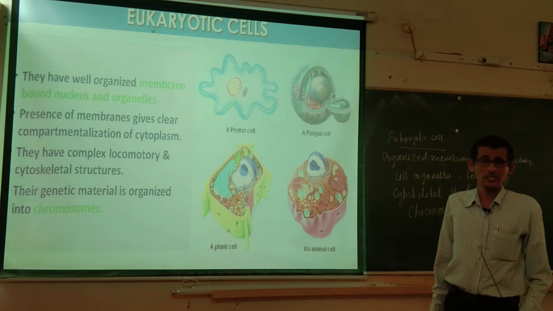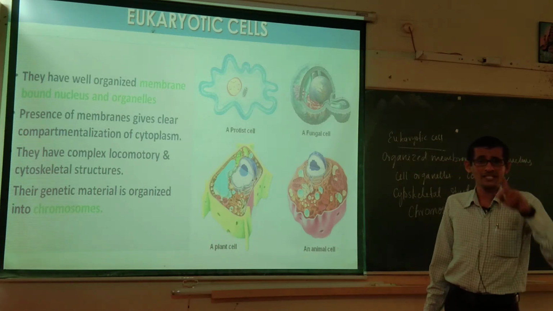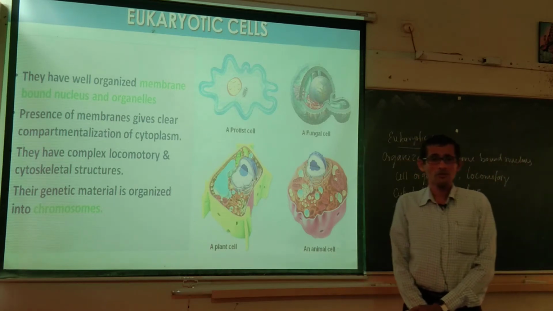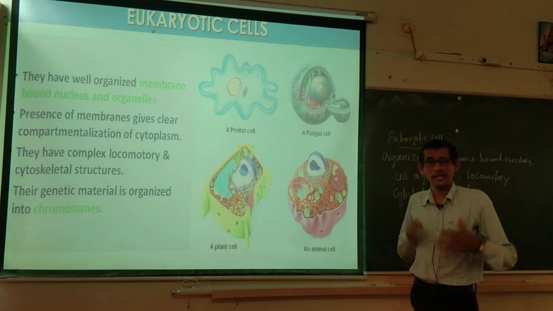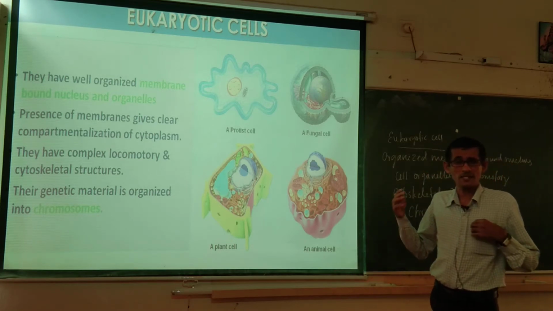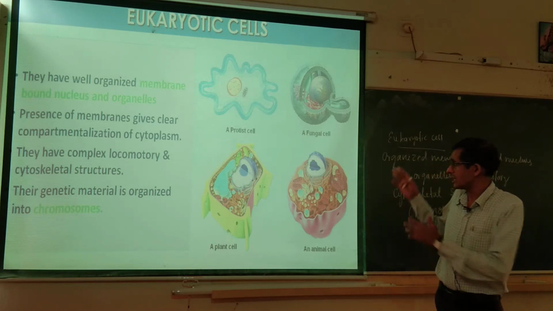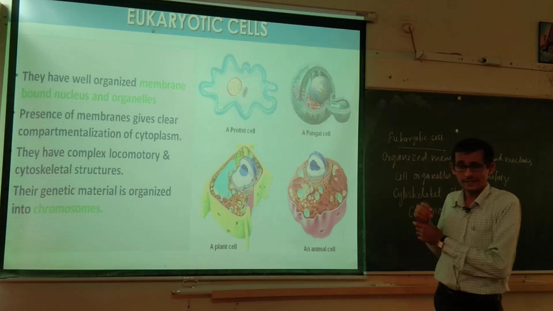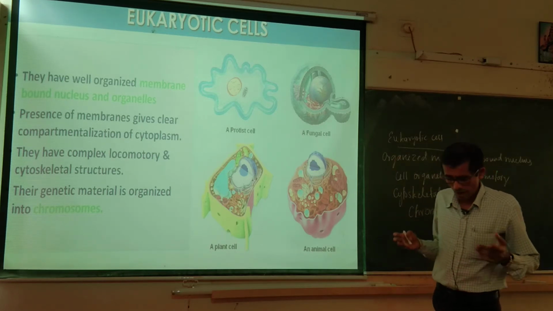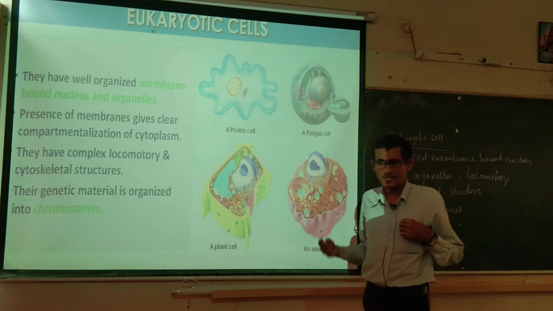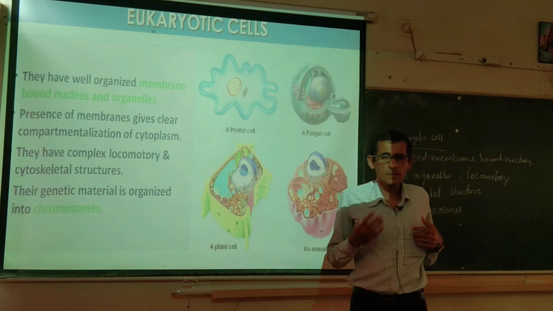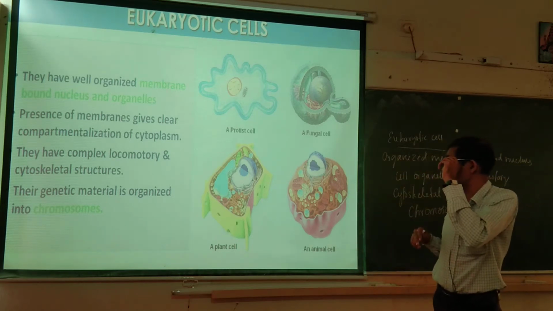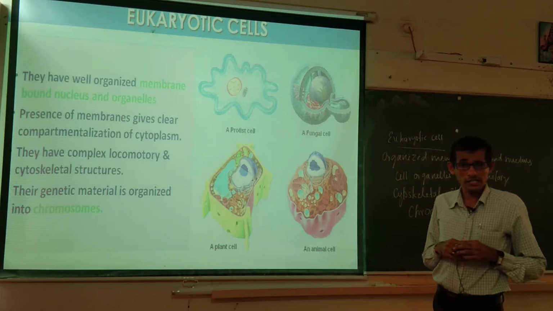There a single cell constitutes one single organism, the entire organism is made up of a single cell. The simplest examples, which we studied in primary or high school, are amoeba, paramecium and euglena. These are examples of eukaryotic single cellular organisms.